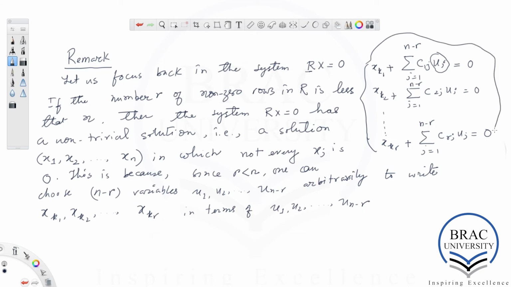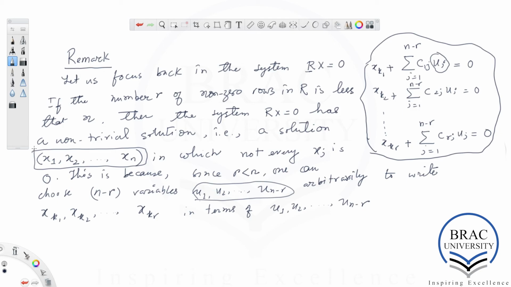According to this expression, we can do that. And when we are choosing arbitrary values of these n minus r free variables, we can choose anything for them, right? We can also choose non-zero values for them, so that this n-tuple will not be identically a zero tuple, right?